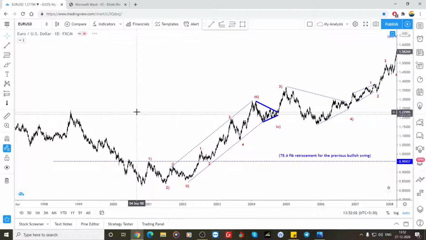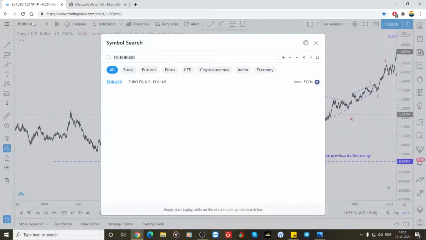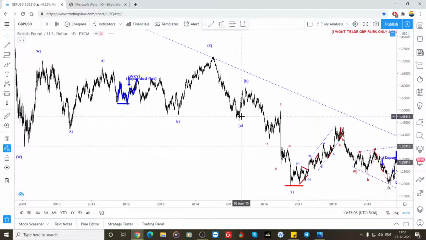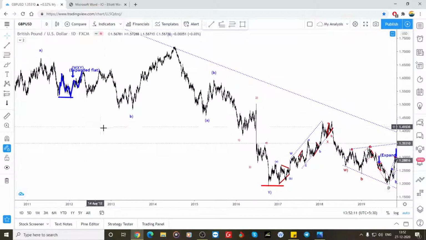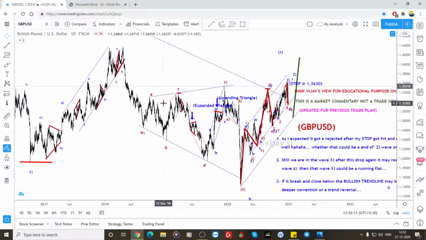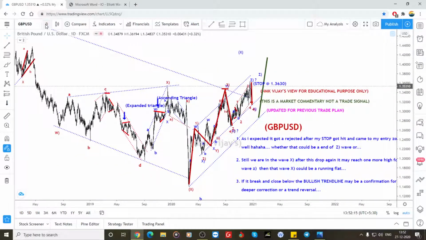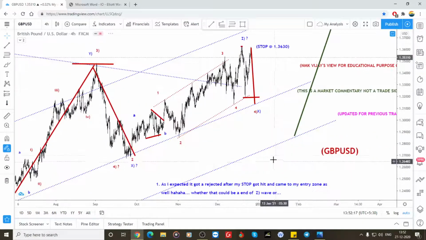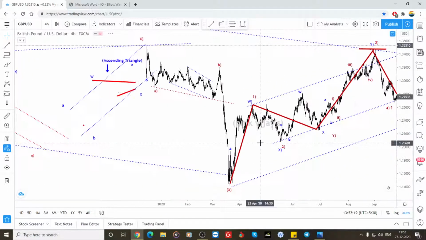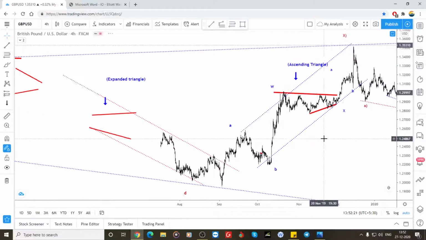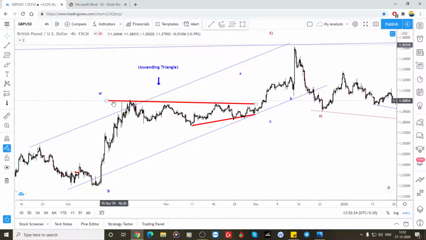Right? So for one example I will show you the ascending triangle. On the 4 hour, here is an ascending triangle.